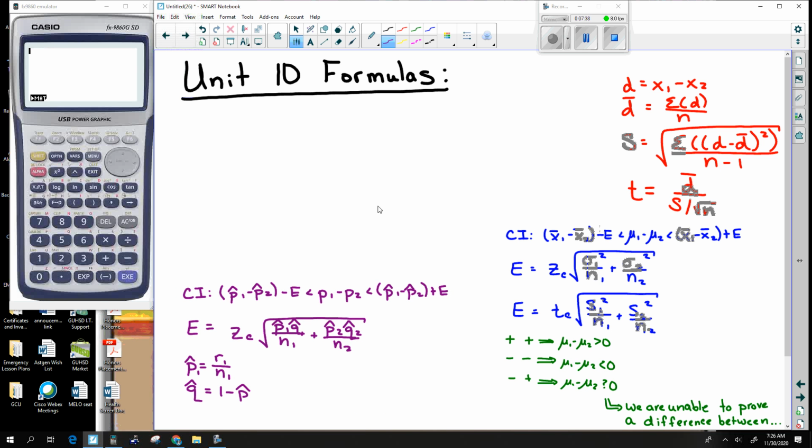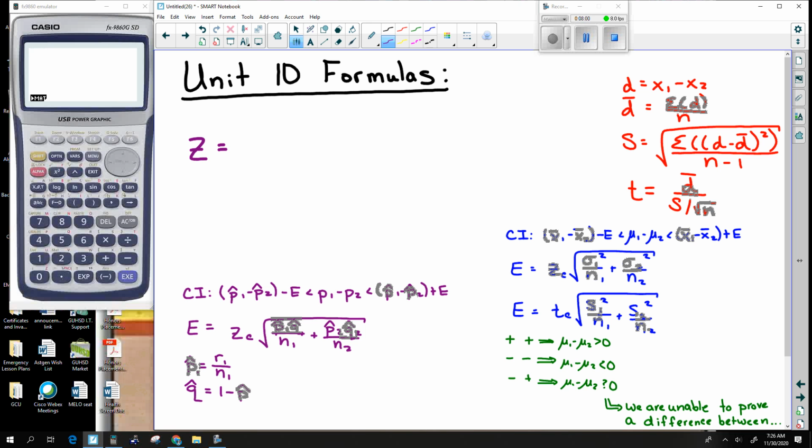Okay, then last but not least is the hypothesis testing with probabilities. You're going to be getting a z off of this, not a t like we do over in the differences, but a z.